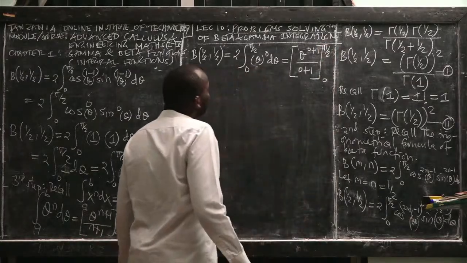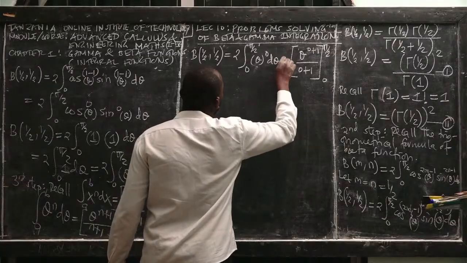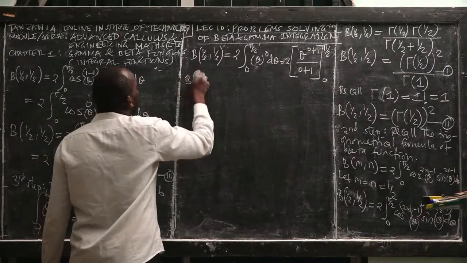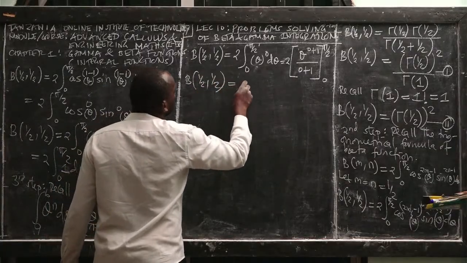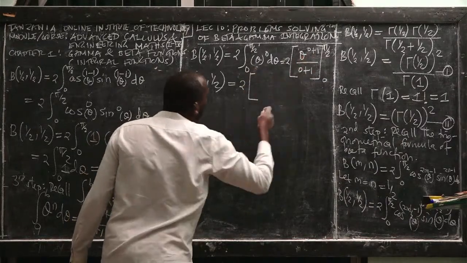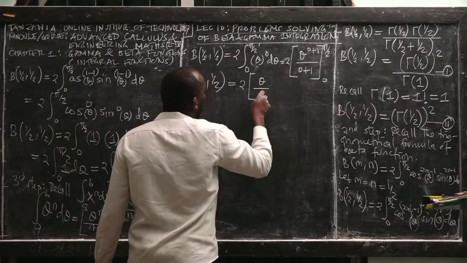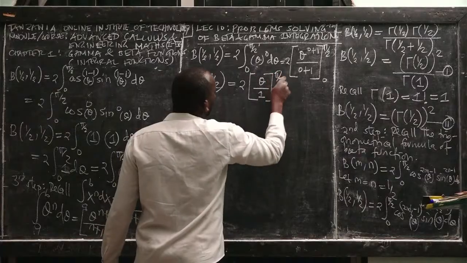Then we have what? But remember that beta of a half, comma, a half is equal to twice, 0 plus 1 is 1, so theta to the power 1, from 0 to pi over 2.